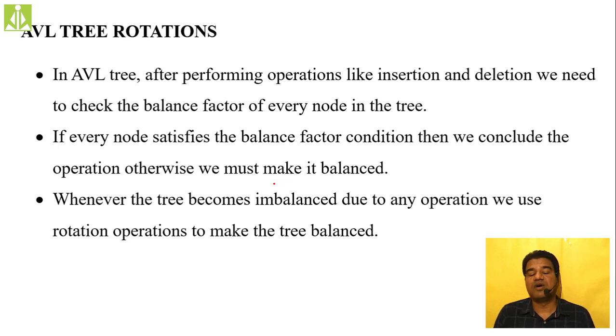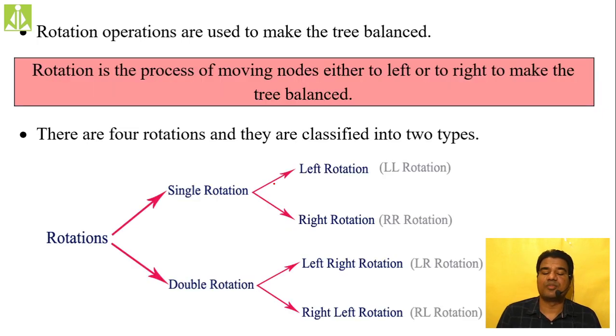Then we have to perform rotation operations to make the tree balanced, and those rotation operations we will discuss in this particular slide. Remember, whenever the tree becomes imbalanced, we perform rotations to make the tree balanced.